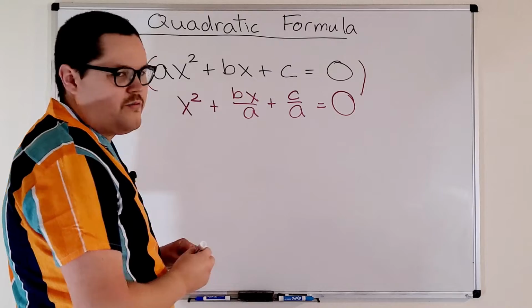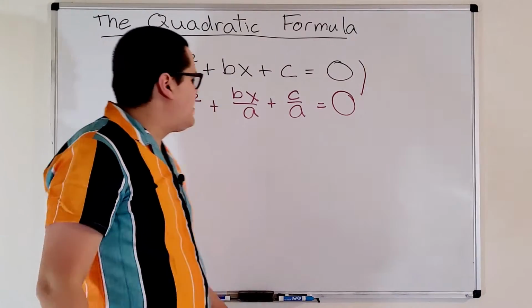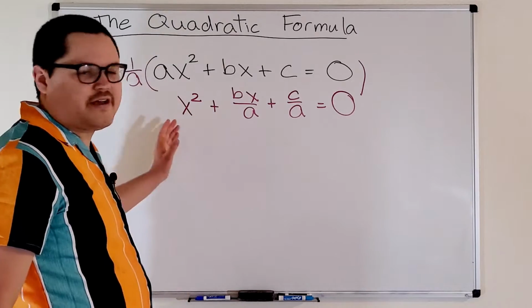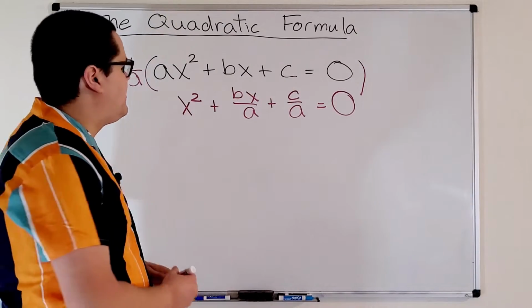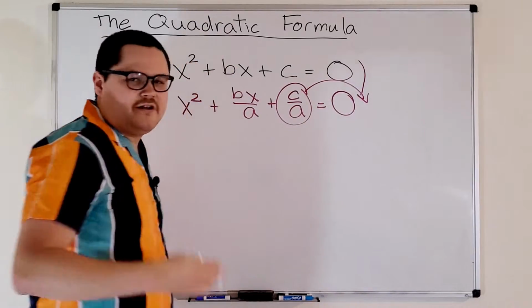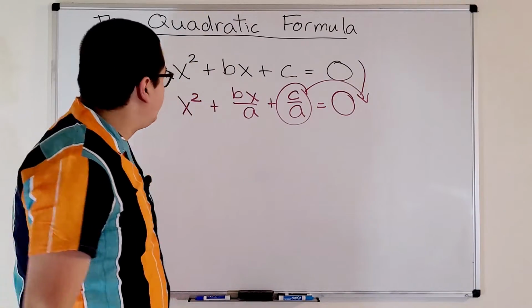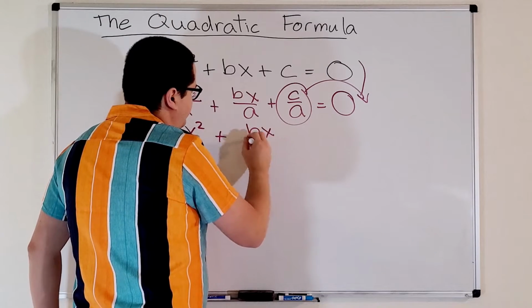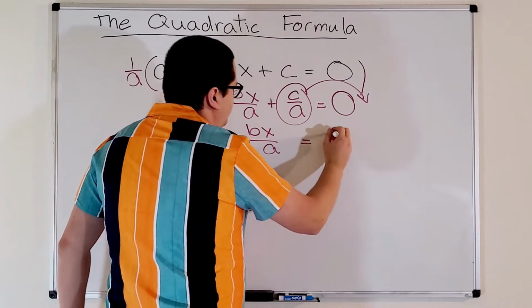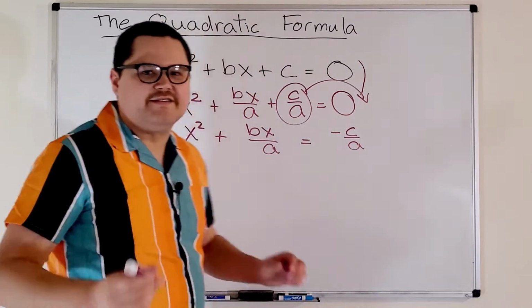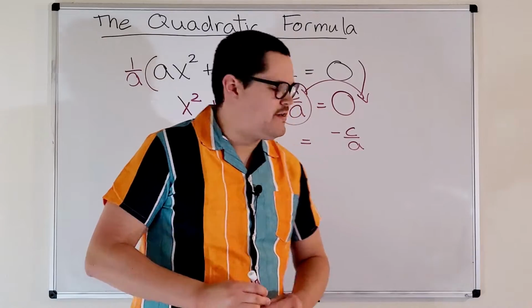All right, what's the next step? Well, we need to move the constant term, which is the thing without an x or an x squared, to the other side. And we know that when we do that, we change the sign. So we get x squared plus bx over a is negative c over a.